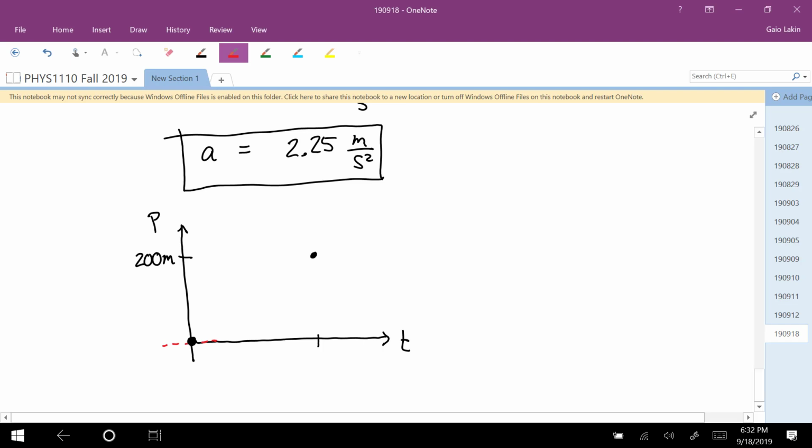What's the velocity when we get to B? 30. And for sketching this, all we need to know is that that's positive. Okay. And what's the acceleration? 2.25, it's positive. So is that concave up or concave down? Up.